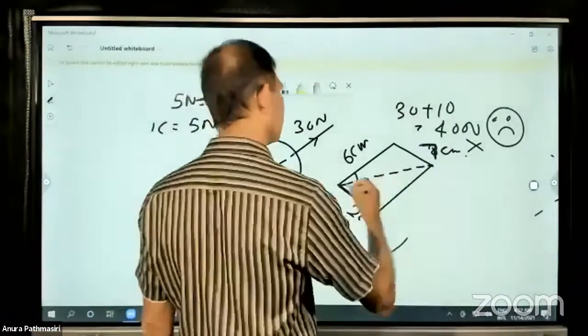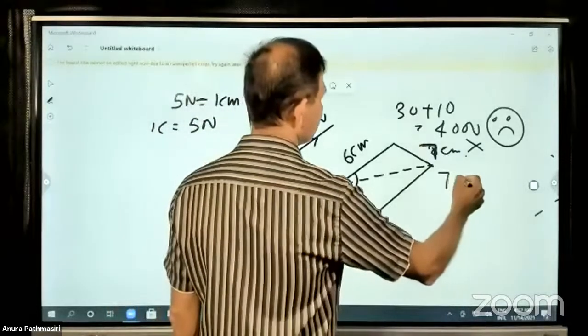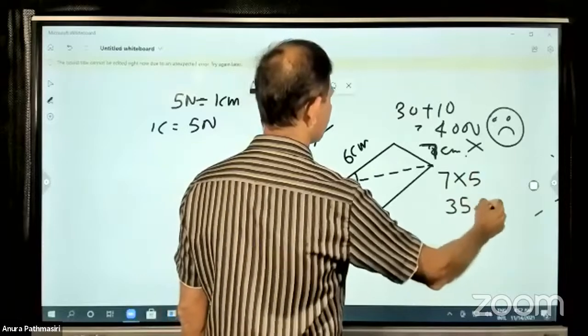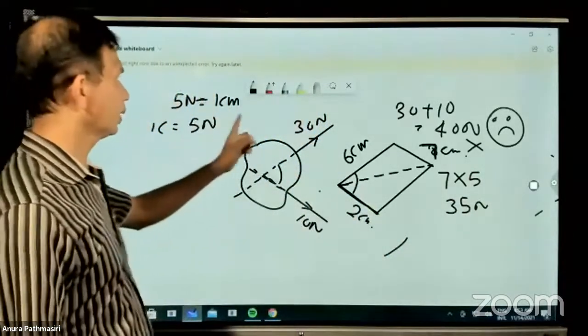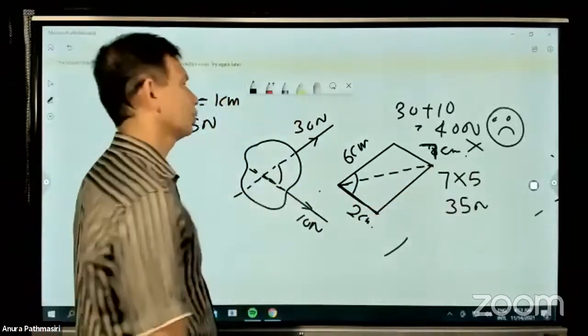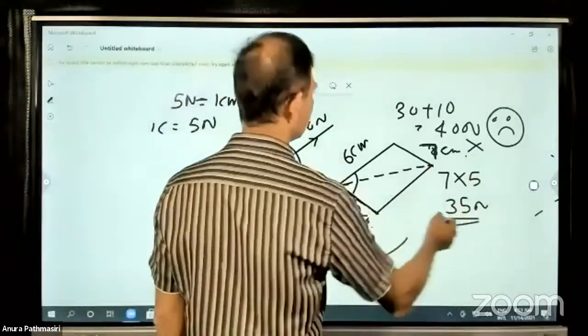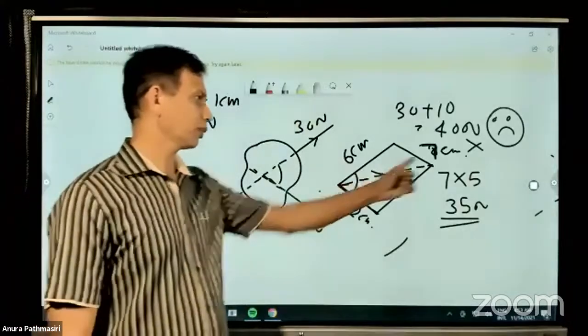So then what is the resultant force? 7 multiplied by 5, 35 Newton. Am I correct? Because you have to convert those centimeters back into the force. So the resultant of these two forces will be 35 Newton, and the direction is indicated from this line.